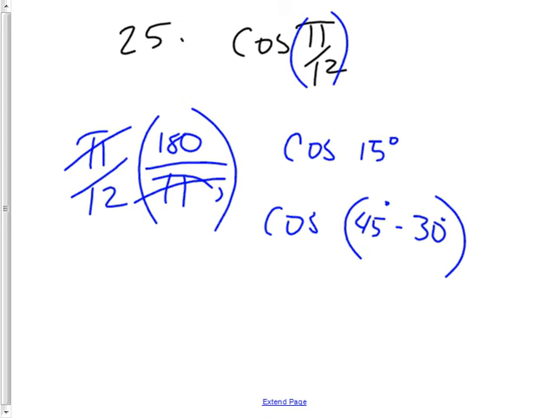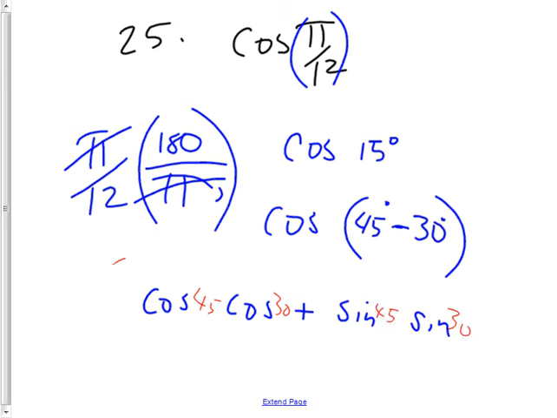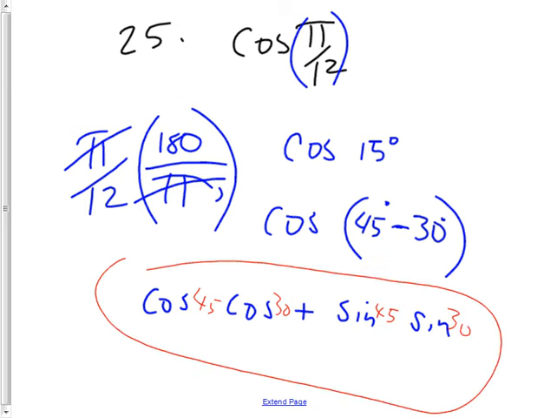Okay, so cosine, sine, sine, I use the opposite sign. So if this was a minus, I'm going to do cosine, sine, sine, and this is a plus, and that was all given to you on the sheet, and this would be 45, 30, 45, 30. Figure all that out using triangles and multiply them together.